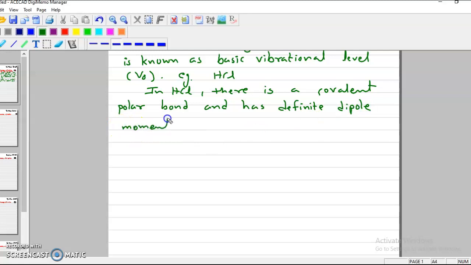You know dipole moment is mu, which is equal to E into R, charge into distance, and the unit is Debye.